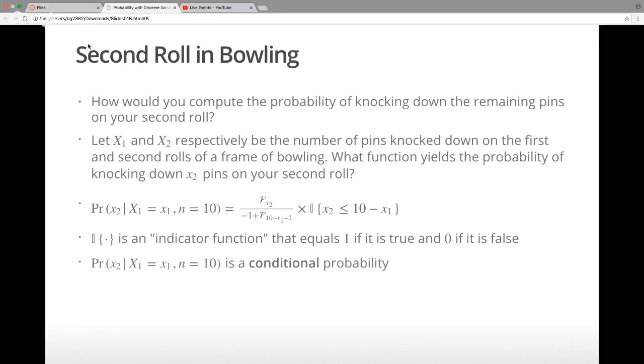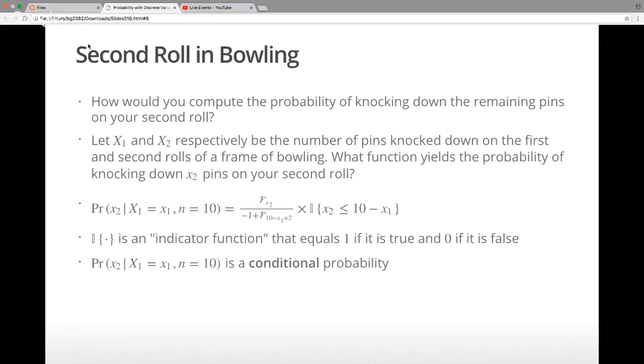Yeah. So the probability of knocking down x2 pins on your second roll, given that x1 pins have been knocked down on the first roll, and given that you started with 10 pins, is what's known as a conditional probability. And conditioning is what Joe Blitzstein, who wrote one of the probability books that's listed as optional on the syllabus, calls the soul of statistics.